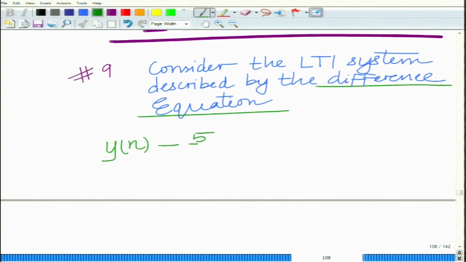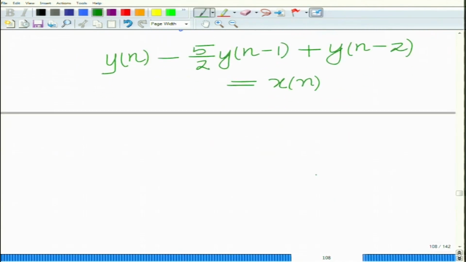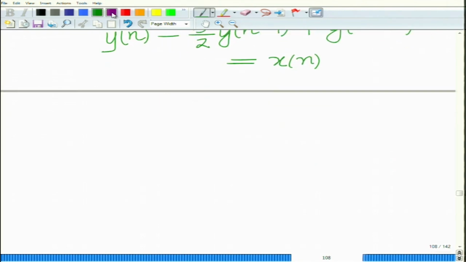minus 5 by 2 y[n minus 1] plus y[n minus 2] equals x[n]. Now, what we are interested in finding is, for this we want to find the impulse response and the transfer function.